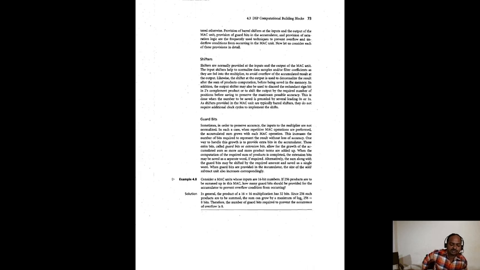So we need a shifter in the case of a MAC unit. The input shifters help to normalize the data samples and or filter coefficients before they are fed to the multiplier, and to avoid overflow of the accumulated result at the output. Likewise, shifters at the output are used to denormalize the result.